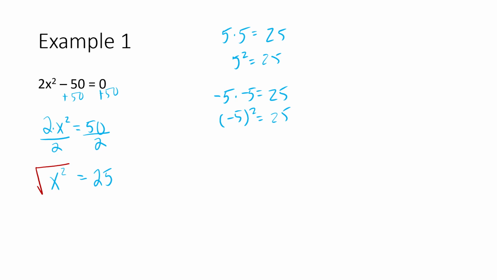Now, if I do the square root to the left, I also have to take the square root of the right, but I need to put this in there. And that symbol right there is read aloud plus or minus. But in this case, you might think of it as positive or negative.